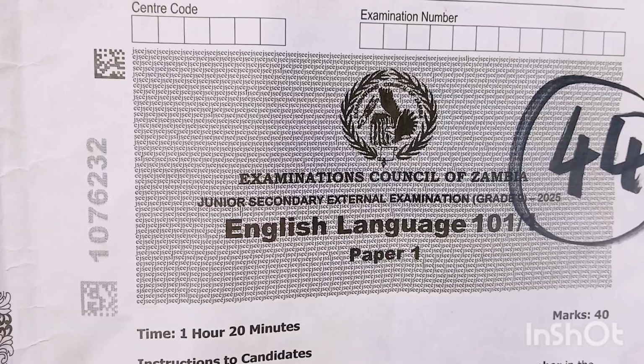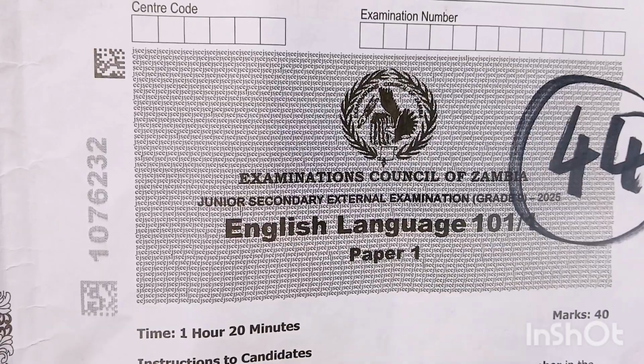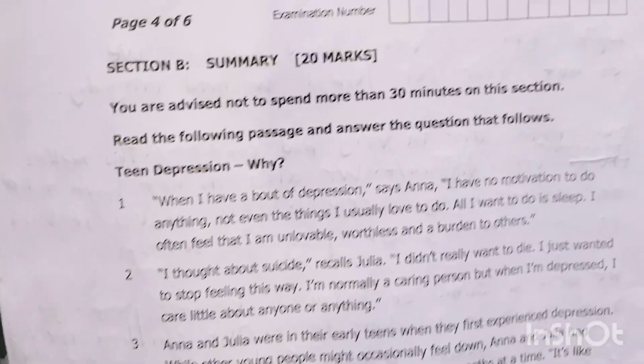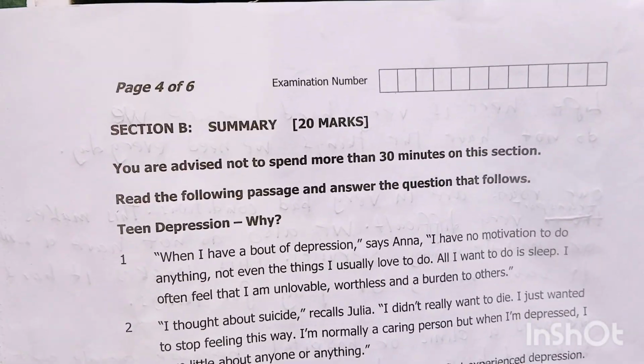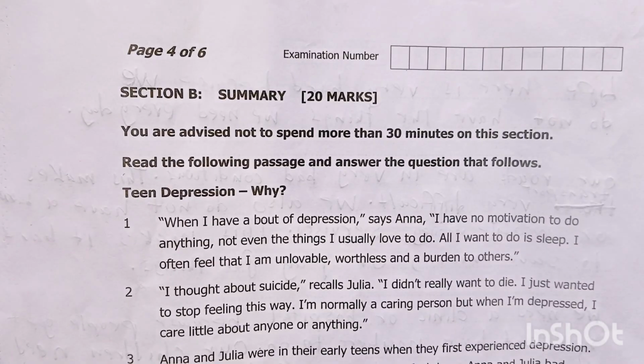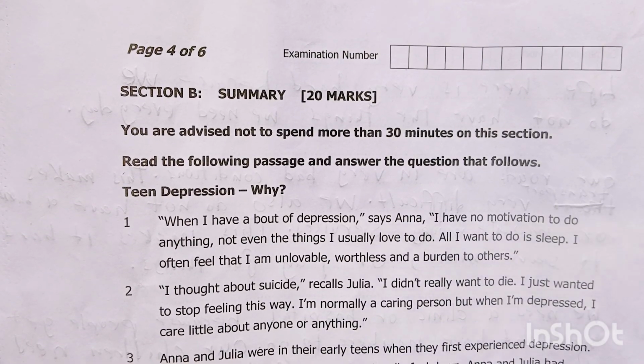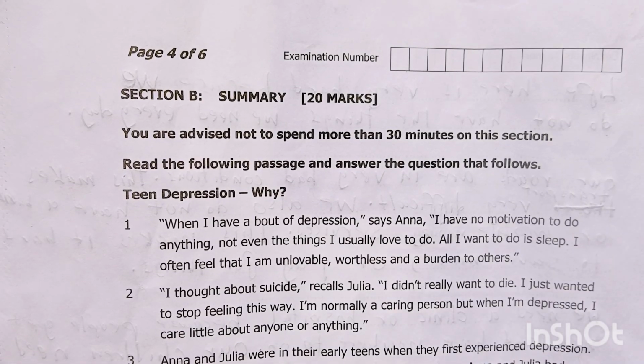Today we are going to focus on section B, the summary part. So this is section B, as you can see. According to this section, it's saying summary, 20 marks. You are advised not to spend more than 30 minutes on this section.